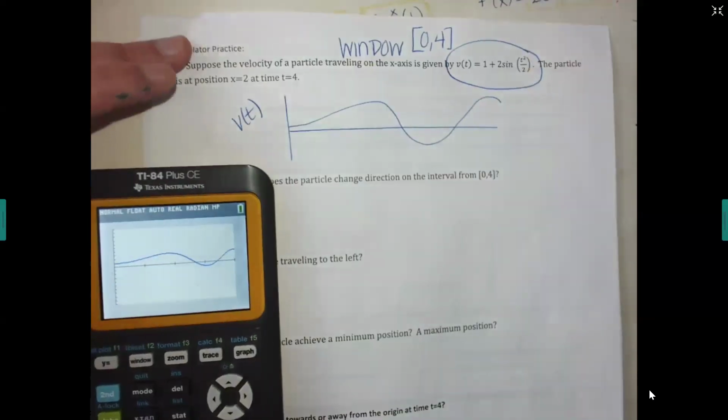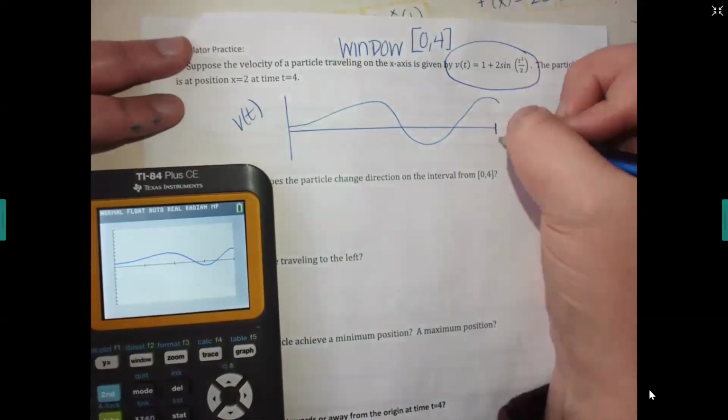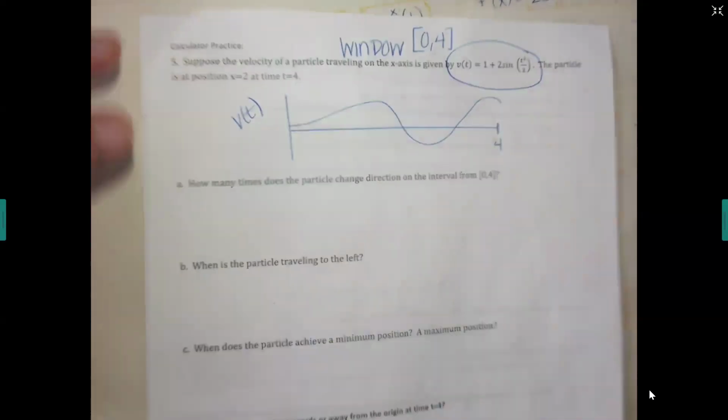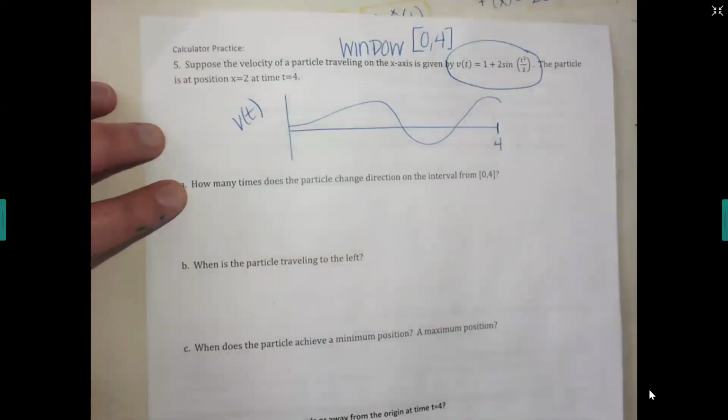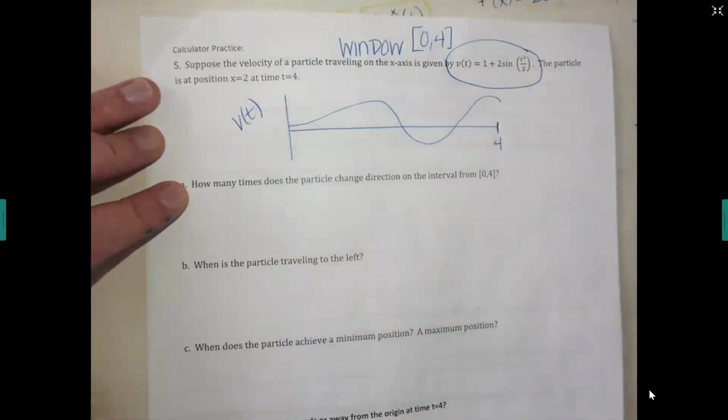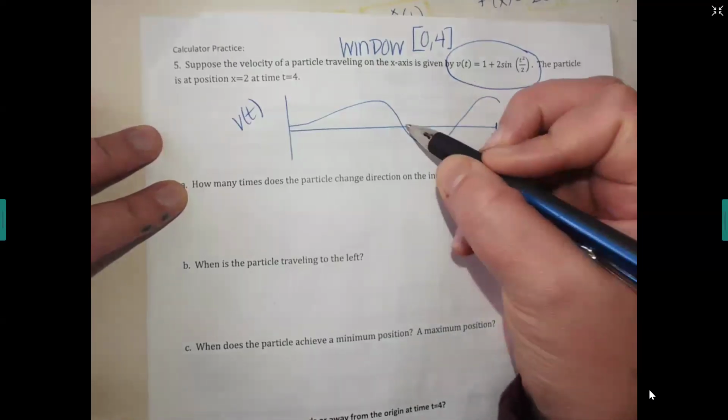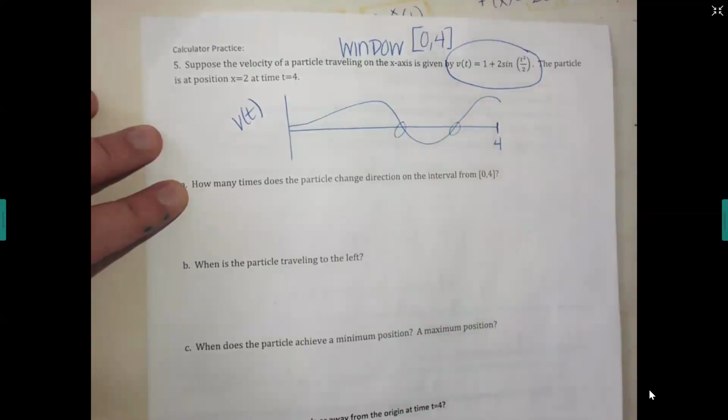So once you have that sketch, we know our end time here is 4 seconds. It says in part A, how many times does the particle change direction over the interval from 0 to 4? How many times does it pass through the x-axis so that velocity changes sign? The answer is twice, here and here.